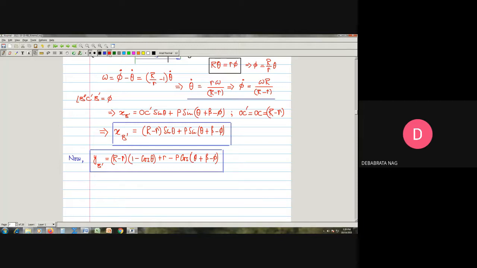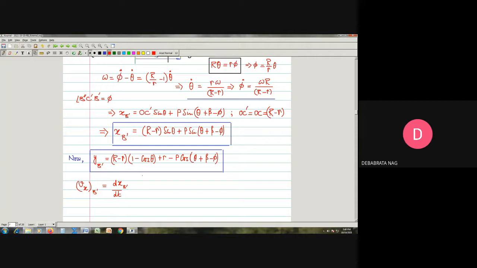So we can write the x directional velocity, Vx of point B dash, is going to be equal to dx B dash by dt.